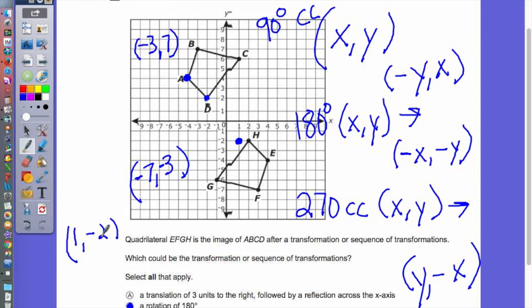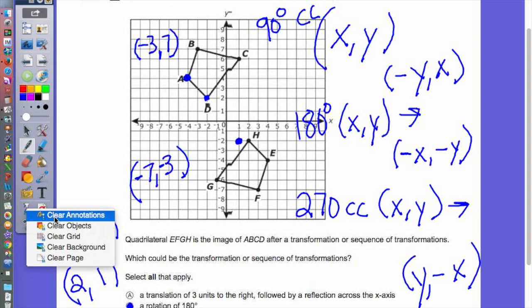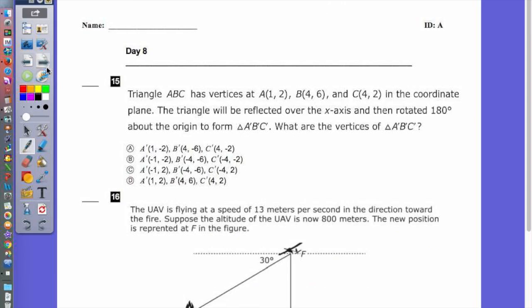So -y really means the opposite of y. So the opposite of y is 2. And then the x stays the same. Okay? Negative sign also means opposite in the way that -2 would be +2. Are we okay with this one now? You will have a lot of questions on transformations. Okay?